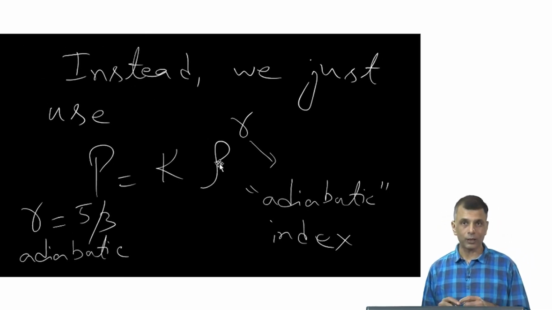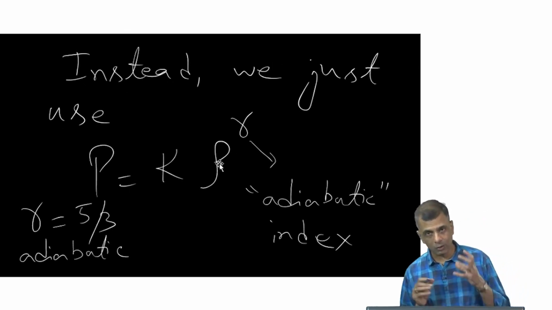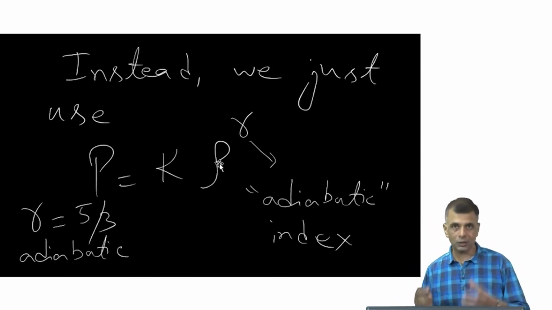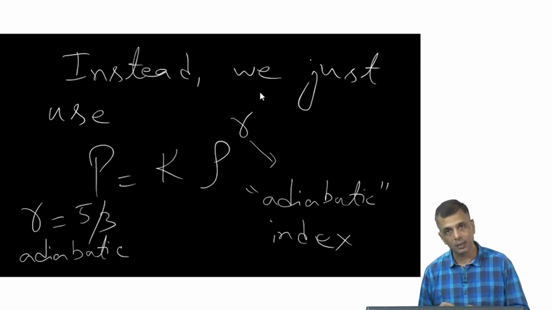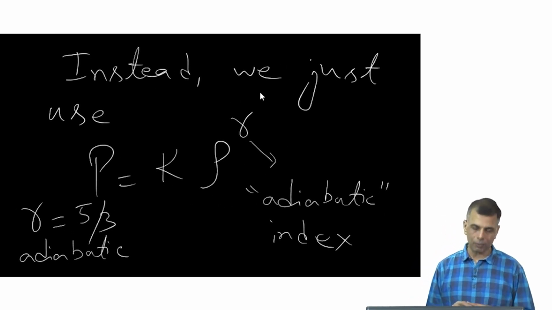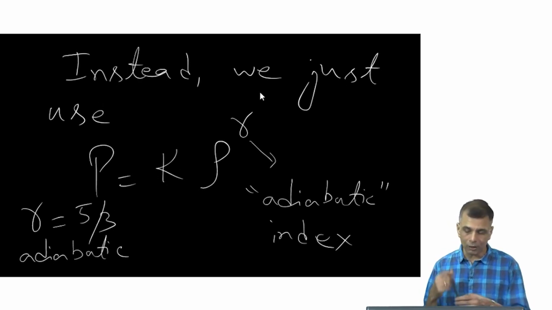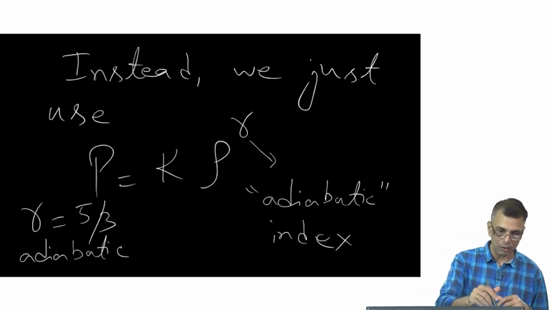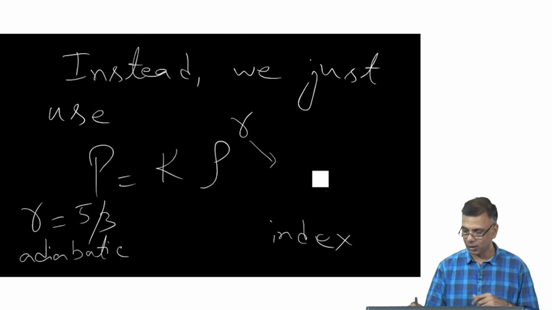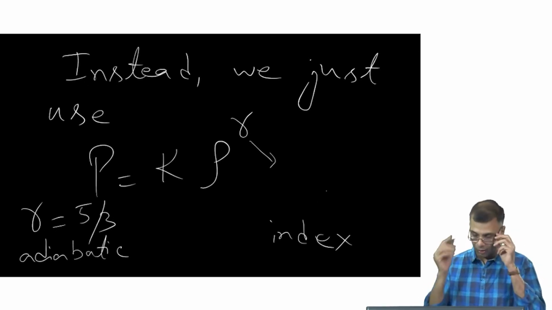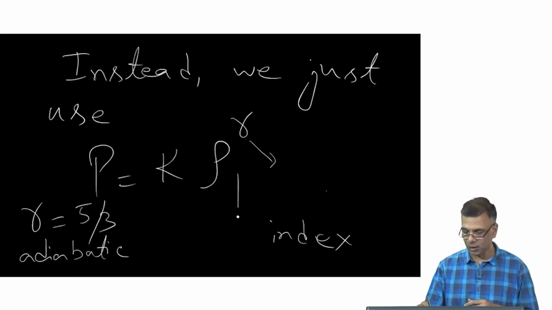The other way of looking at it is that all the physics of energy dissipation or generation is hidden in this index right here. So this would be a polytropic law, as you know, and I should not call it an adiabatic index, I should call it a polytropic index, because that's what's used in the literature many times.